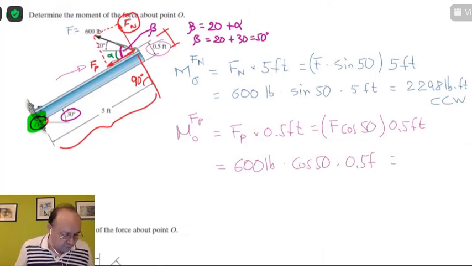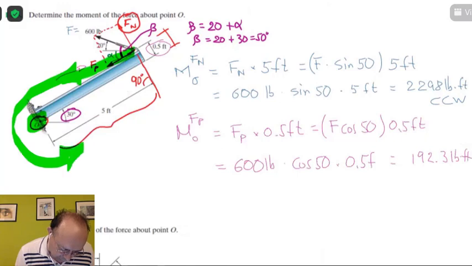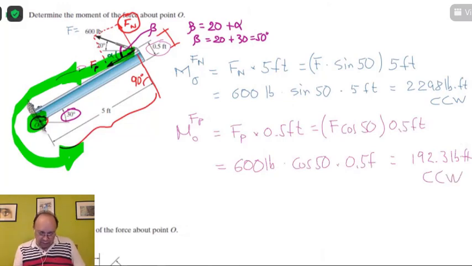Very quickly here, 600 times cosine 50 times 0.5 foot, 192.8 pound-feet. And this one produces rotation in this direction, so it's also counterclockwise. So both are counterclockwise, so we can just add them up.